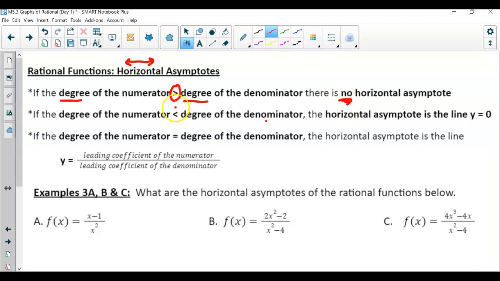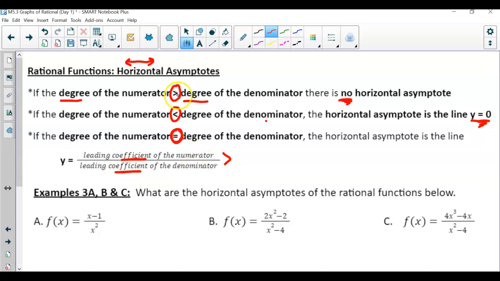But if the degree is less in the numerator, then it's going to be y equals 0. Then if the degrees are equal to each other, we set up the fraction using the coefficients of the numerator, which is our top, over the denominator in the bottom.